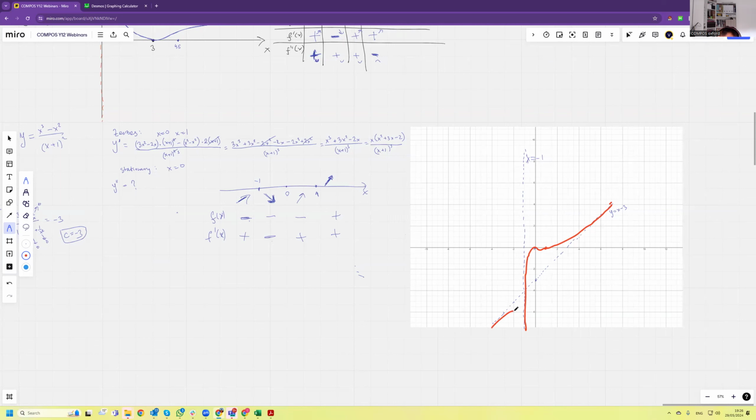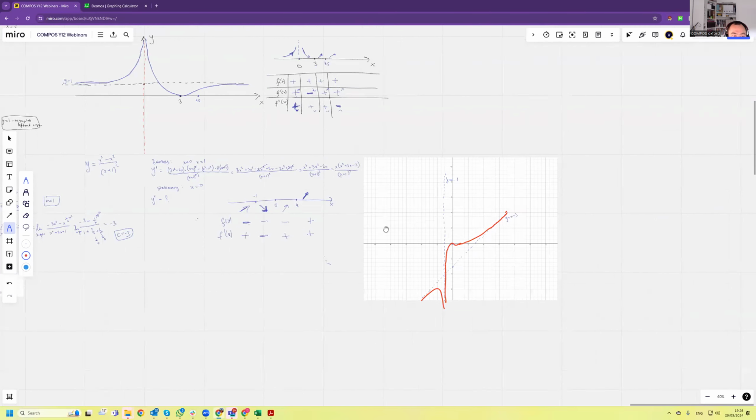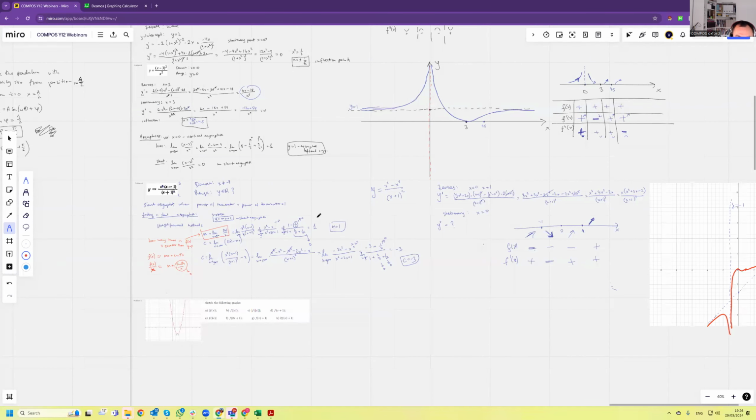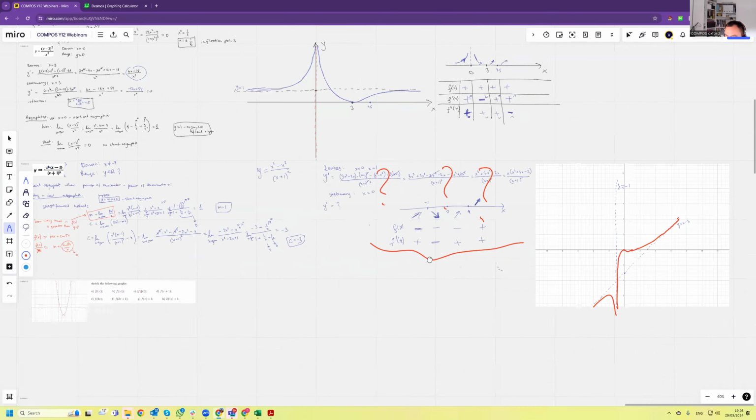I think I made a mistake with the first derivative. Okay, I'll need to... Oh, I haven't made a mistake here, but I've made a mistake here, so I'll just put a question mark here. Right.